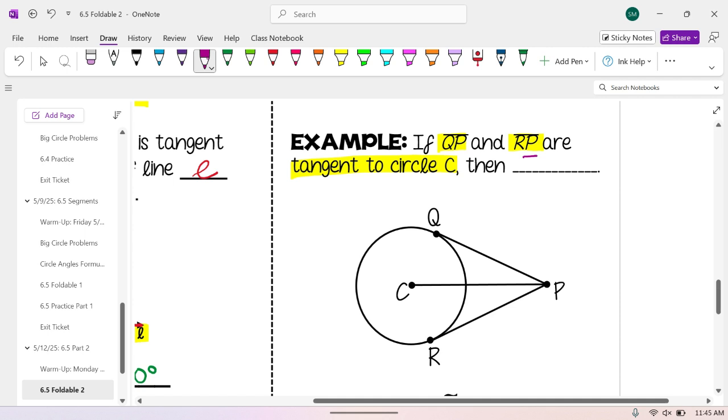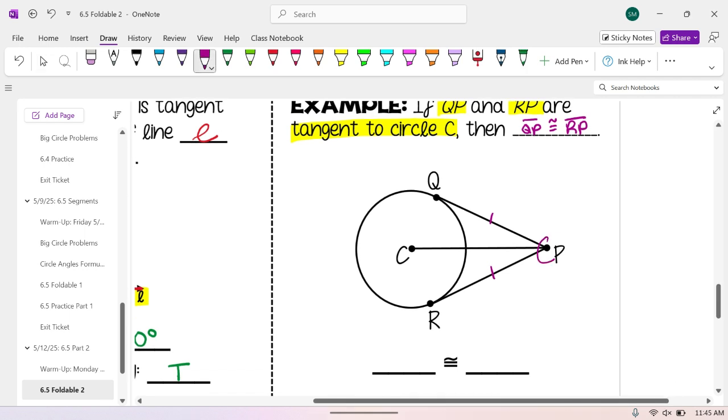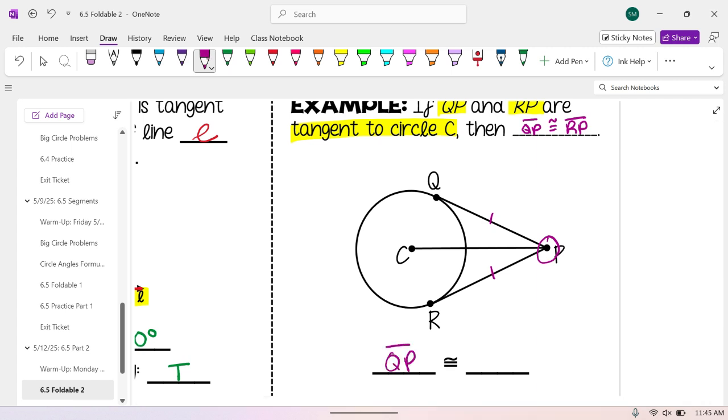What's true about segment QP and segment RP? They're congruent. They are congruent because they form at the same outside point. So QP is congruent to RP. Again, we were pretty much just restating what they already told us on the previous page.